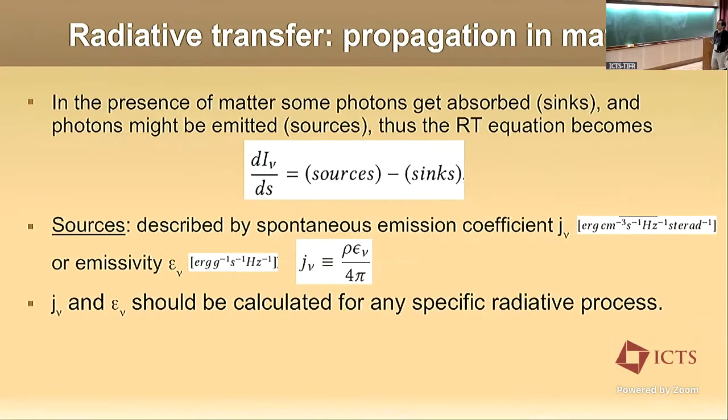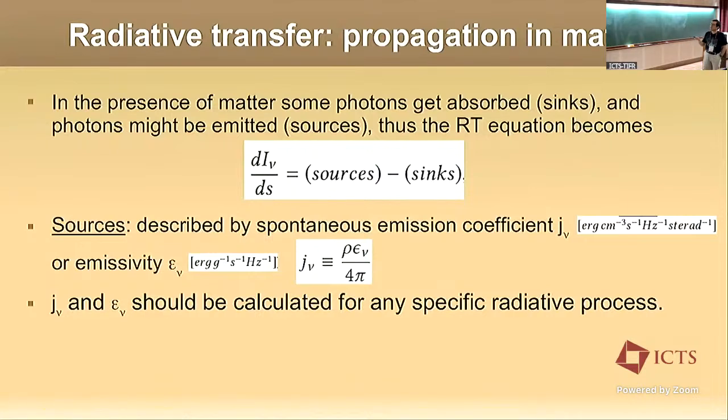Okay, so now coming to the more interesting bit, which is how you do actual radiative transfer. Now you have to account for the fact that some of the radiation may get absorbed and some more radiation may get created along the way, because you are passing through matter. This matter could be shining or it could be absorbing, or it could be doing both at the same time. So how do we account for this? Well, we are still writing this dI/dt.